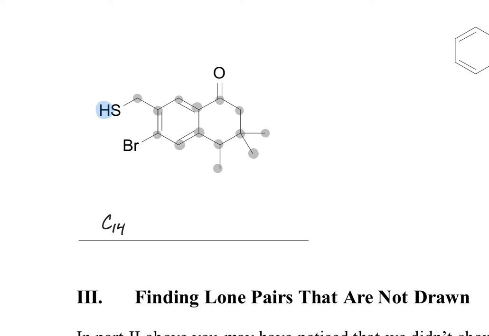We've got 1, 2, 3, 4, 5, 6, 7, 8, 9, 10, 11, 12, 13, 14, 15, 16, and 17. There's an oxygen, there's a sulfur, and there's a bromine. The order of those doesn't matter, by the way. Just get the right number of atoms of each element.